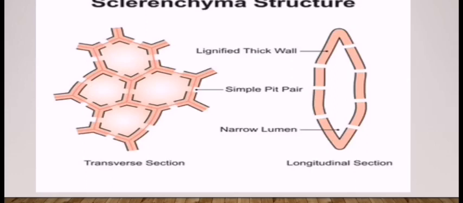You should know how to identify the longitudinal section and transverse section. The transverse section is a bit similar to collenchyma tissue, so the chances are there to make a mistake and write the transverse section of sclerenchyma as collenchyma, so be careful on that. The longitudinal section is easy to identify as the structure of sclerenchyma.